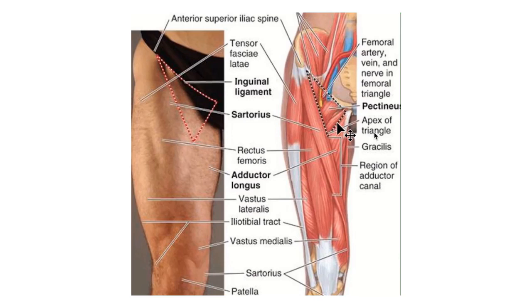So if we can recognize that, we can proceed for something like surgery. In surgery, it is very important to recognize the structures which are passing in this area. So that's why we must know about the boundaries and the structures of this femoral triangle.